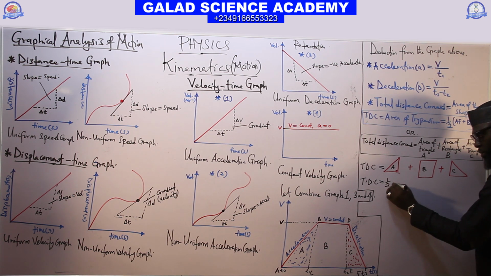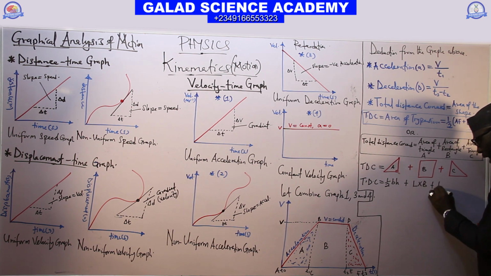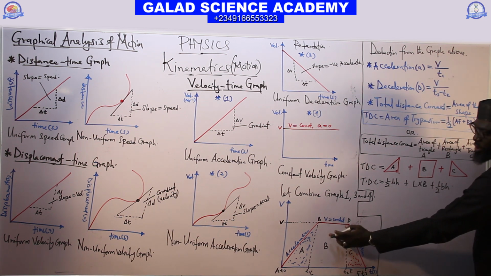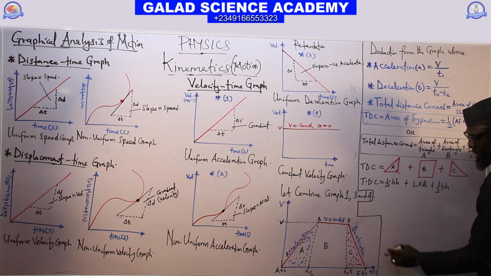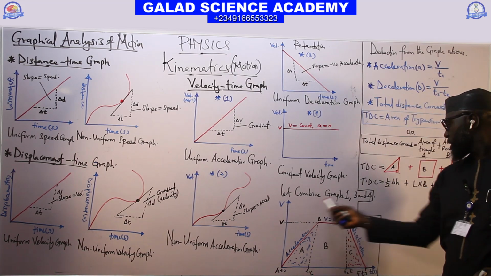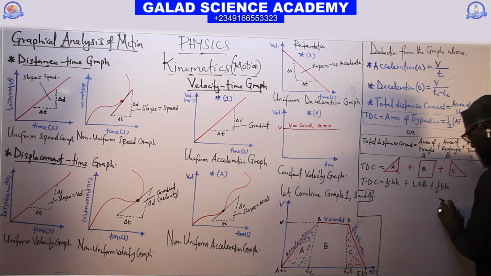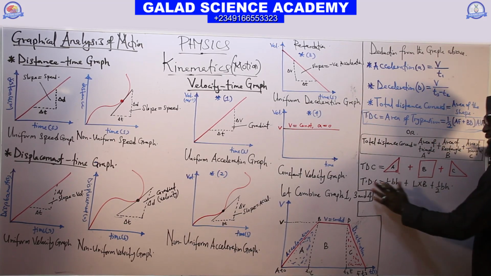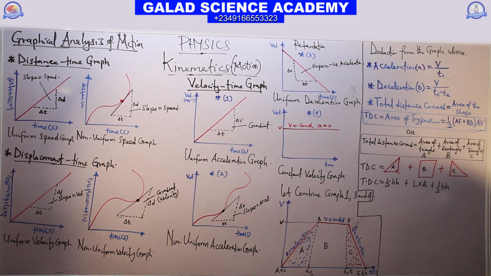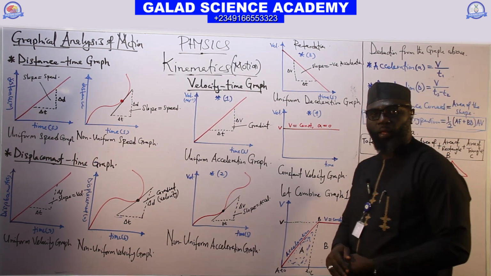This one is half base times height, plus length times breadth, plus half base times height. So if we look at it, the base of this one is this, height is this, length times breadth. This is the best formula to use to calculate the velocity time graph.